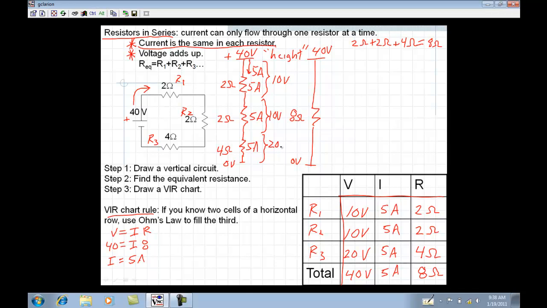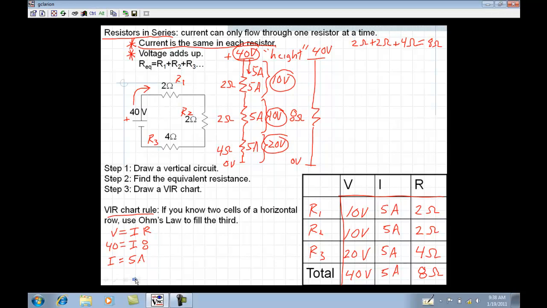And so in the vertical direction, these 3 voltages add up to my total height of 40 volts. Okay, yes? So do the resistors take away the volts as it flows through? Yes, so voltage we would say is used up at each of those resistors.